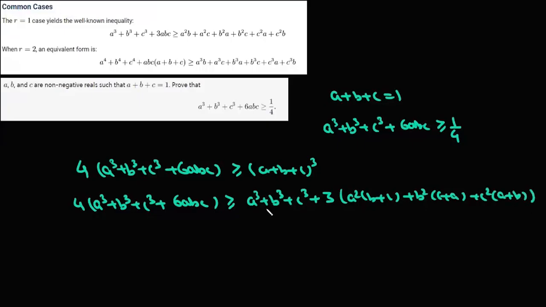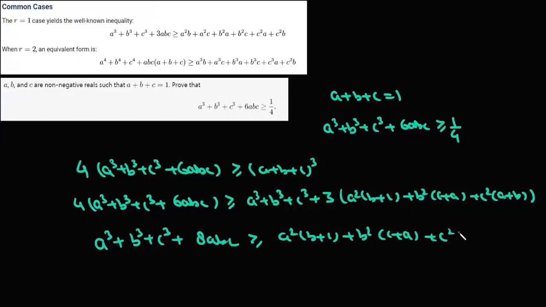Now we can cancel a cube plus b cube plus c cube, and we can cancel 3 also. Then we get a cube plus b cube plus c cube plus 8abc will be greater than or equal to a square b plus c plus b square c plus a plus c square a plus b.